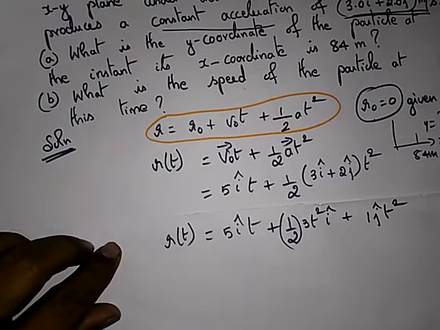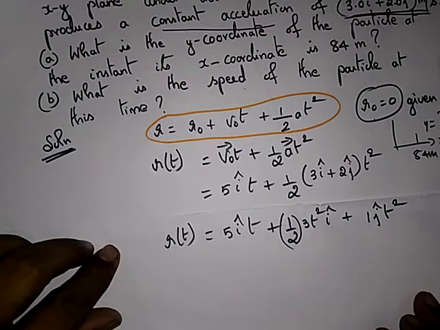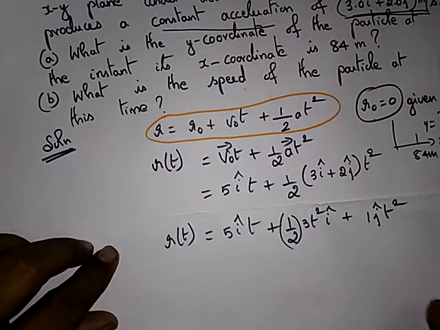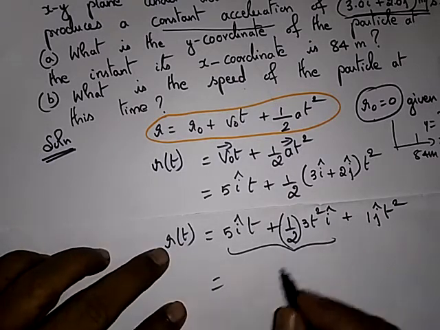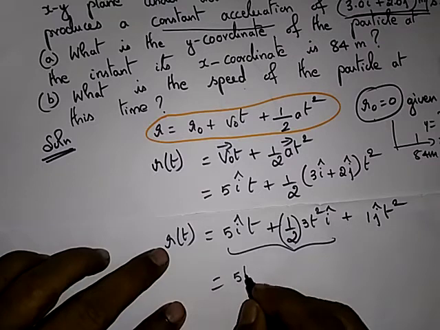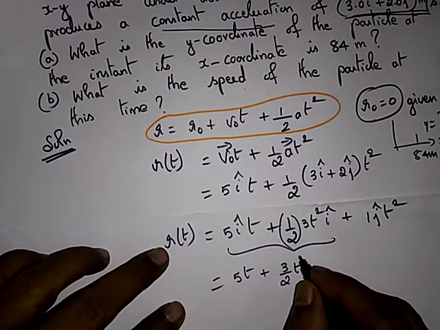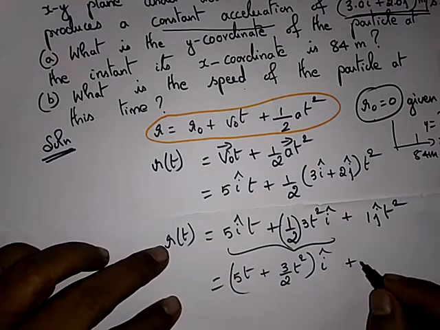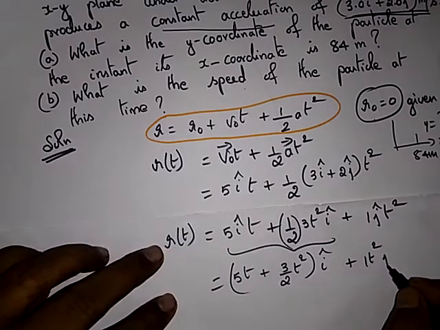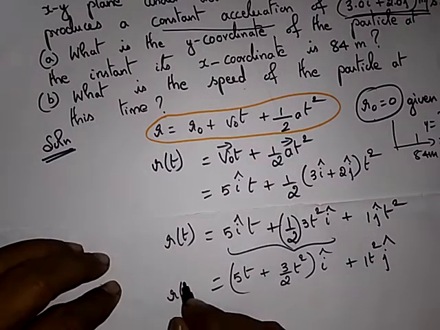Now we can split this into x and y component. That is the x component, so you can club these two terms together. That is, you have i cap, therefore 5t plus 3 by 2 t squared i cap plus 1 t square j cap. This is r of t.